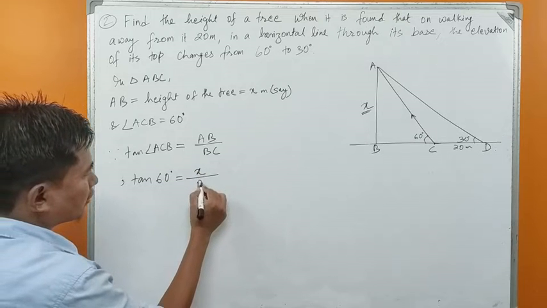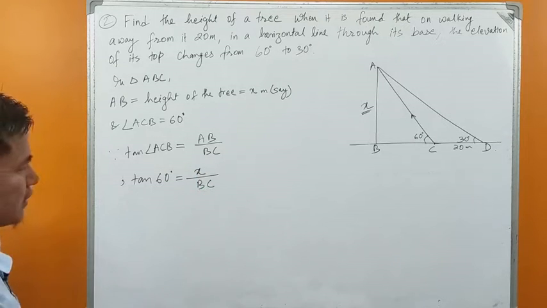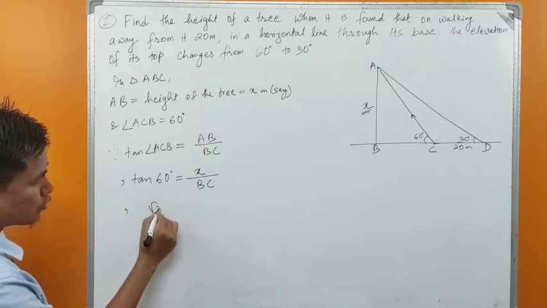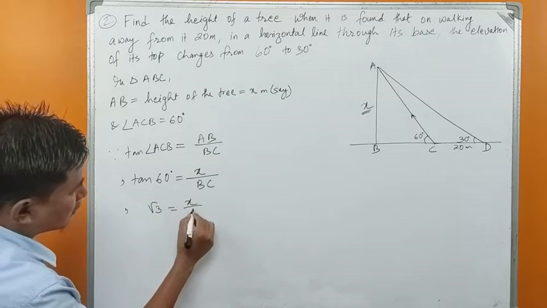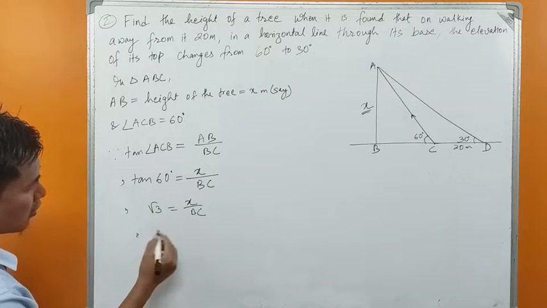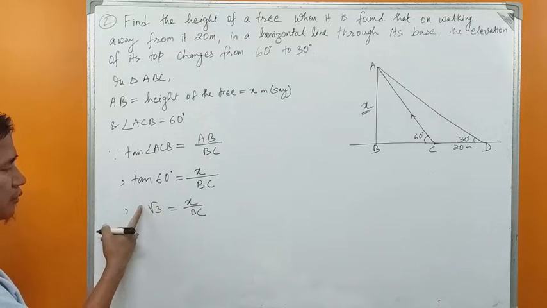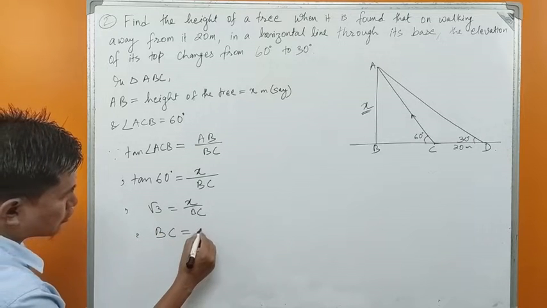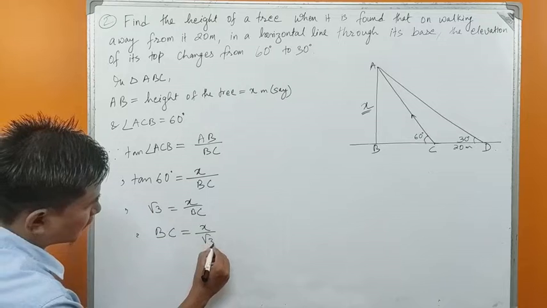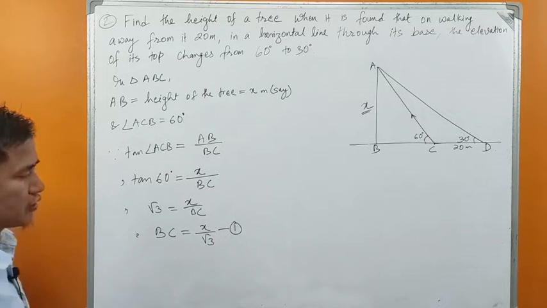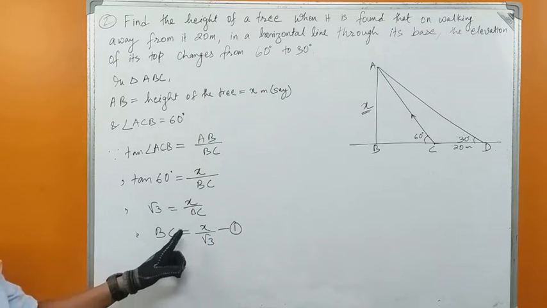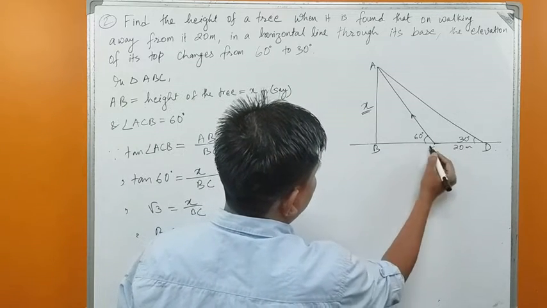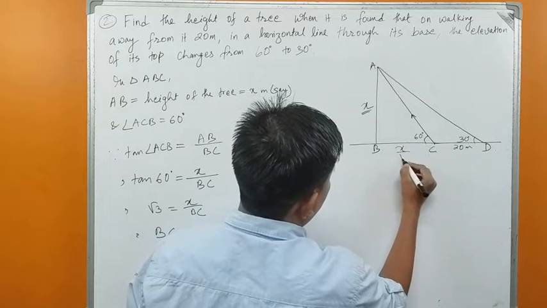BC we do not know; we are trying to find BC. So the value of tan 60 is root 3, equals x upon BC. Cross multiplying, BC equals x upon root 3. Let us call this equation 1. BC, the distance between the two points, is x upon root 3.